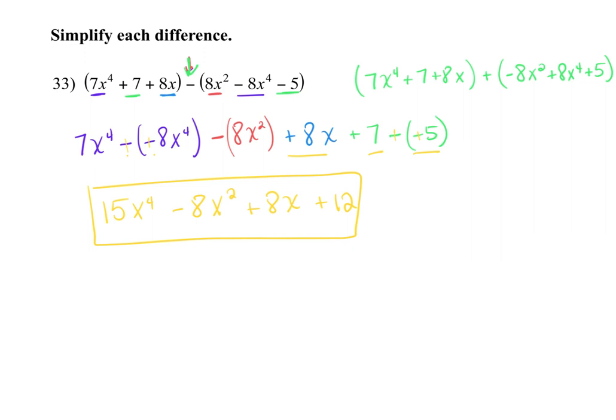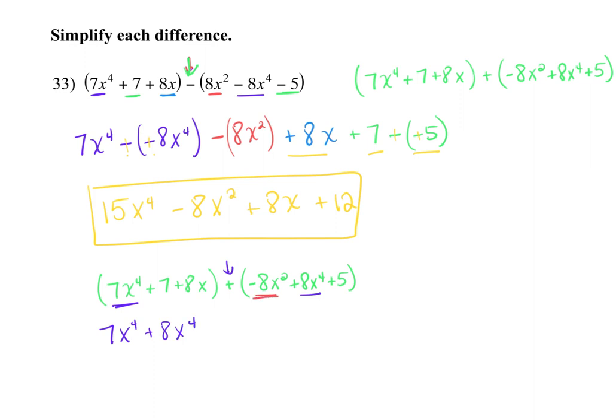Had I done it with addition, you're going to do the same exact thing. 7x to the 4th, but now I'm adding 8x to the 4th. I'm still going down, but you'll notice that a negative 8x squared is not combined with anything. I have a positive 8x not combined with anything.